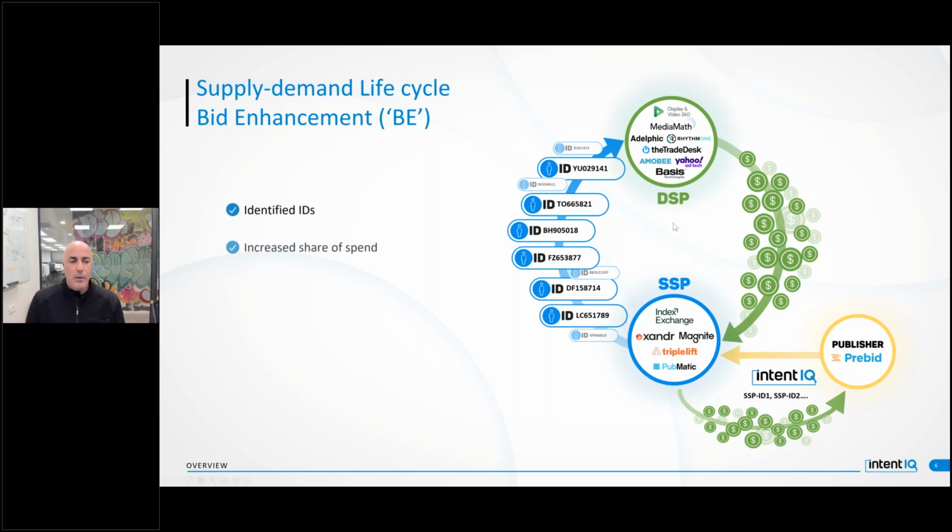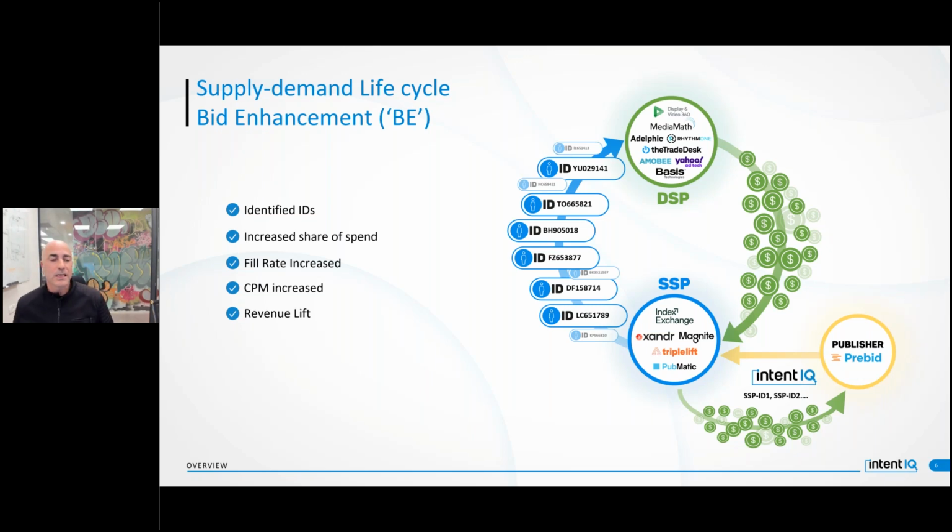One outcome of having those buyer IDs is having addressability to that anonymous traffic. So obviously an increase in share of spend on those cookieless out of your 100% of inventory. Fill rate increases significantly, hundreds of percents, CPM increases, and the total outcome is a revenue lift.